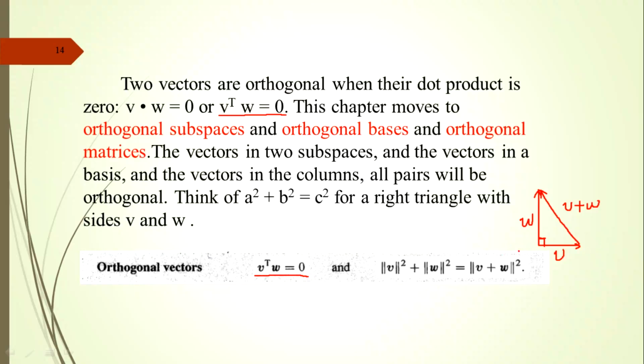Are you clear? They are orthogonal pairs. So for orthogonal vectors, the inner product gives 0, and that also gives a right triangle. Then we have this equality.